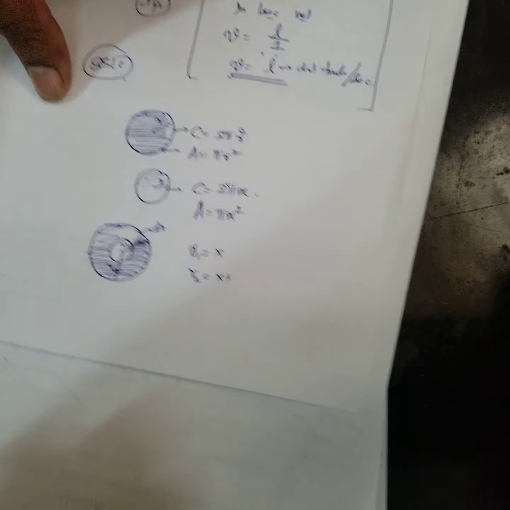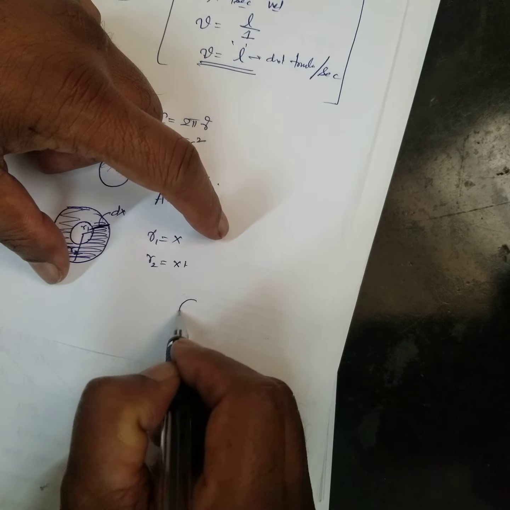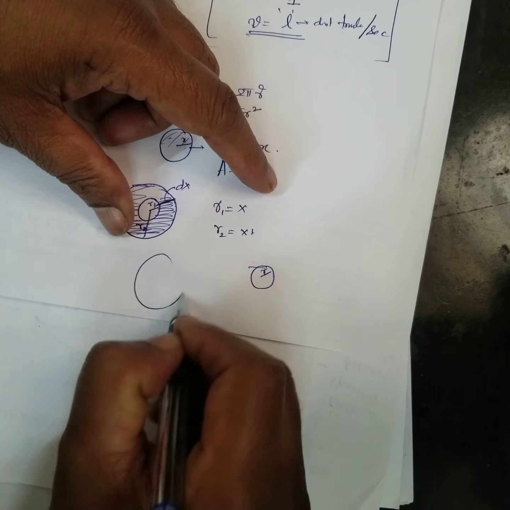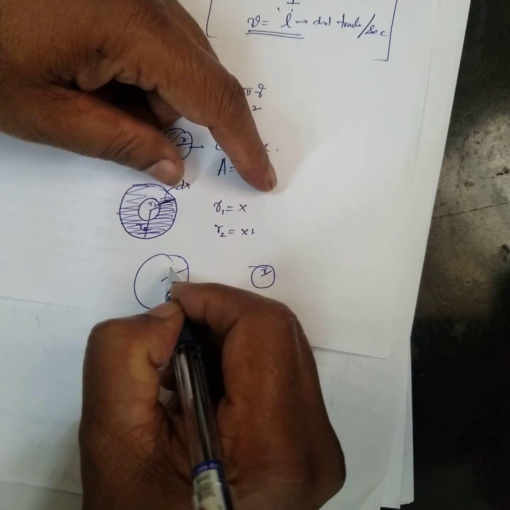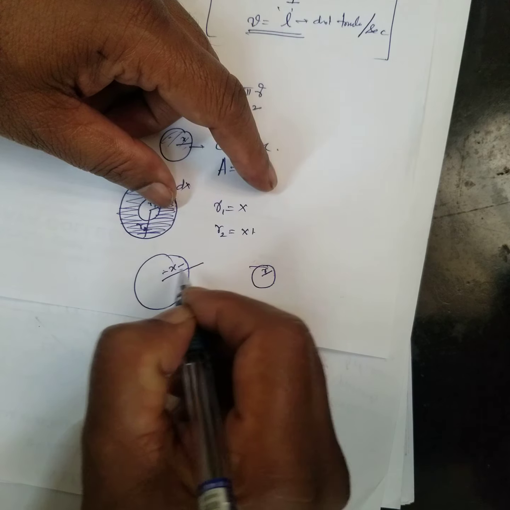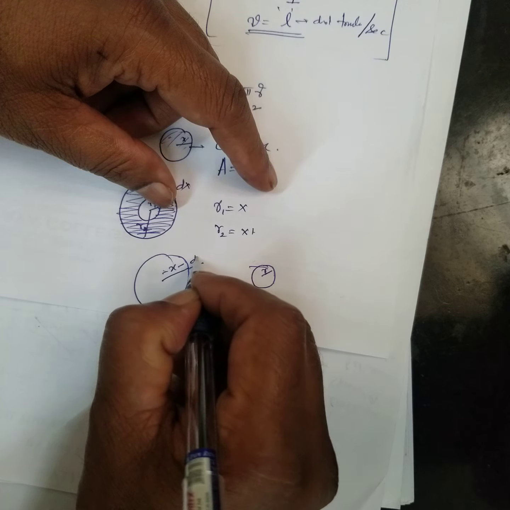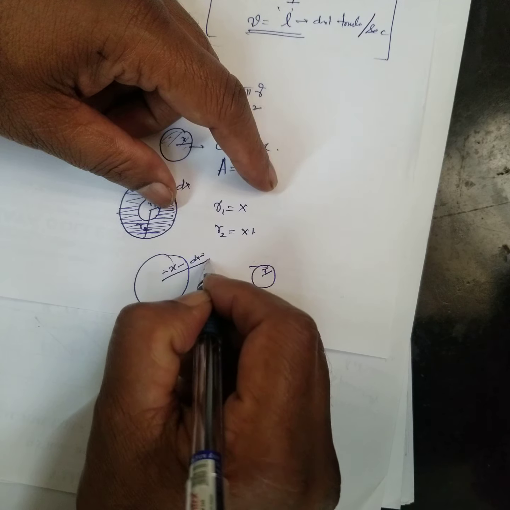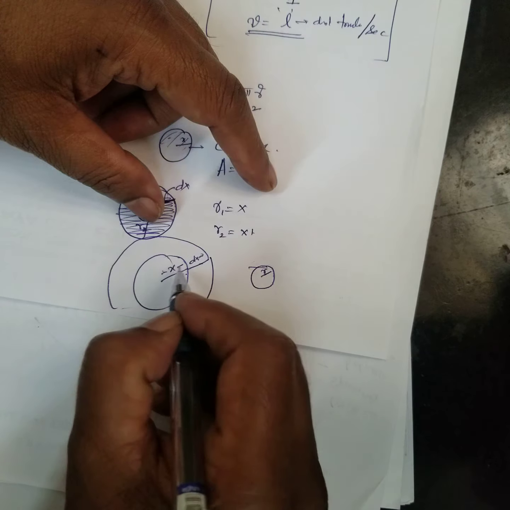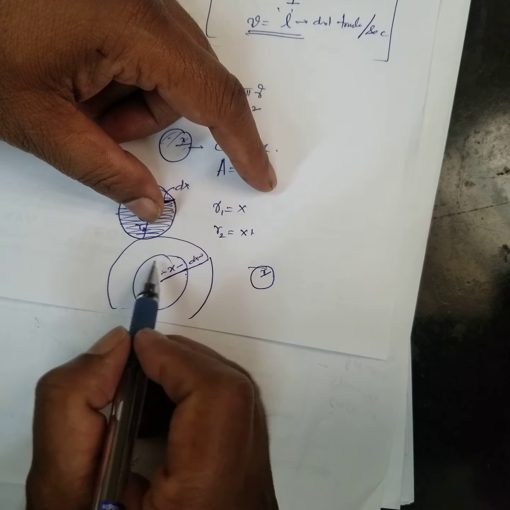I have a circle of radius X, and this length is dx. Draw another circle.